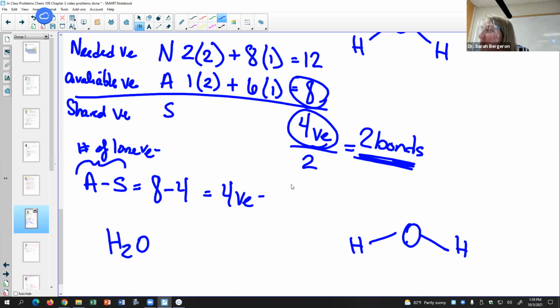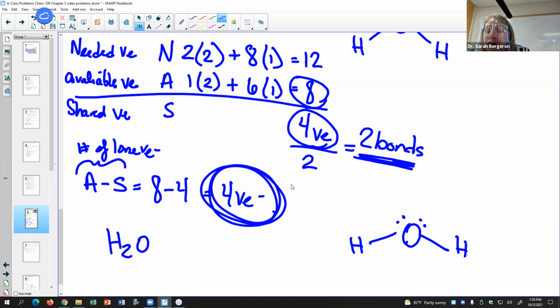Is oxygen happy? No, count the electrons around oxygen. 2 for each bond. So that gives me 4 electrons around oxygen. Is oxygen happy? No, but what do I have? I have 4 valence electrons, and I put them in pairs on the atoms that need them to complete their octets.